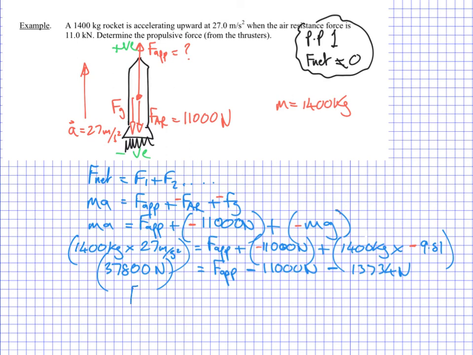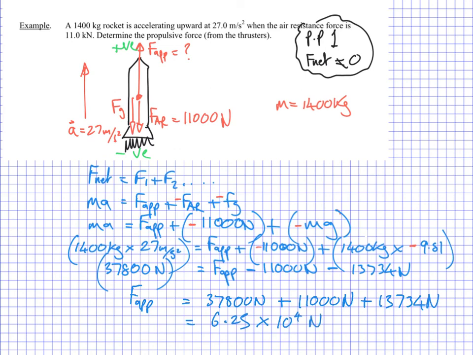Hopefully you can see now that the force applied by the thrusters is going to be equal to 37,800 newtons plus the 11,000 newtons from air resistance plus the 13,734 newtons from the force of gravity, and that's going to give me 6.25 times 10 to the 4 newtons.